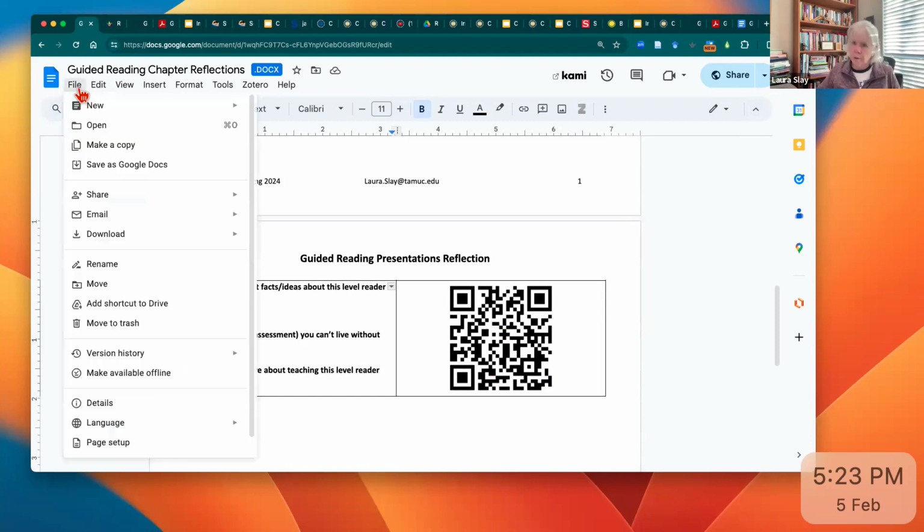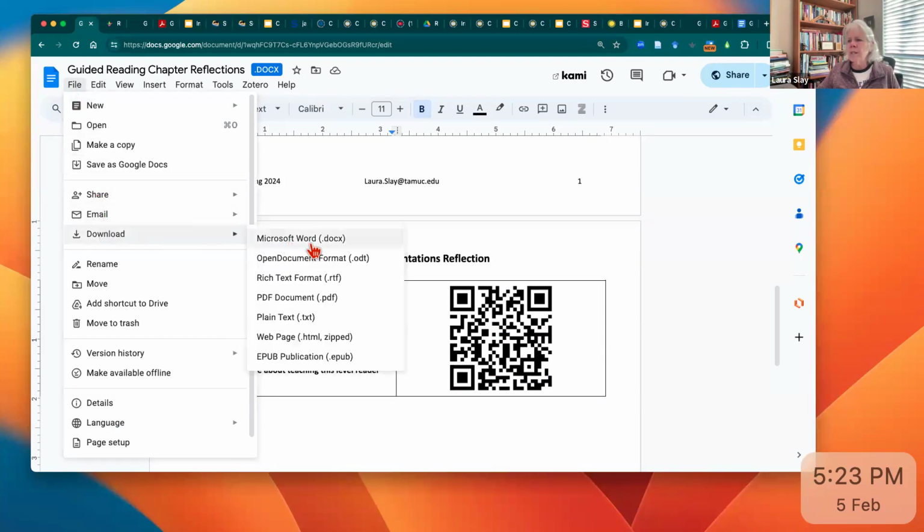I'm the originator, so it's not closed to me. But you can go to File and download it as a Microsoft Word document to give yourself access. Then you pull up that document, type directly into the computer, and upload it. Or if you prefer, you can upload the Word document directly into the D2L assignment.